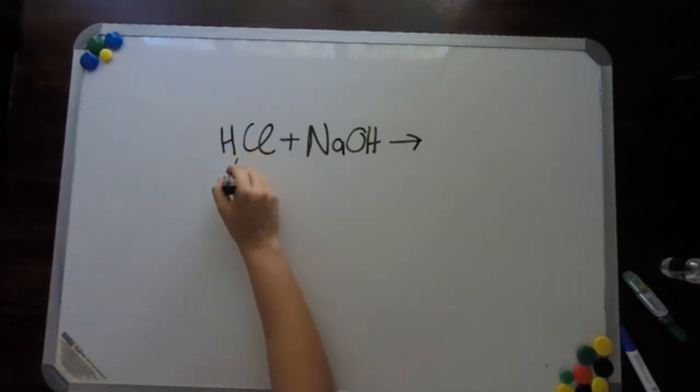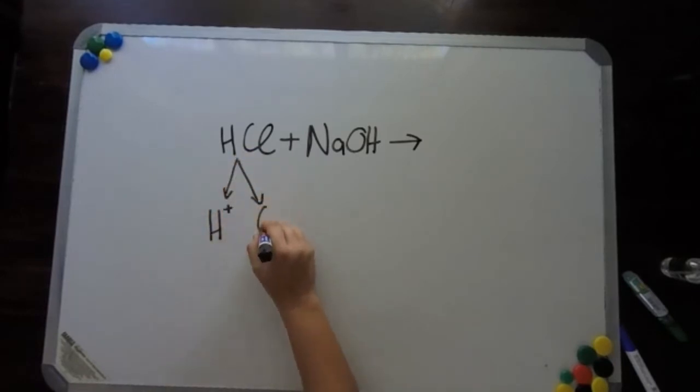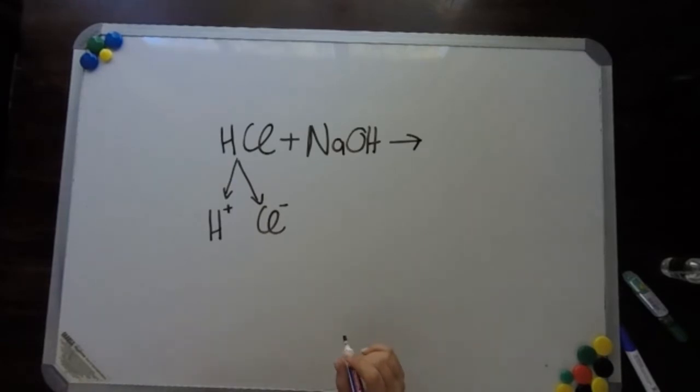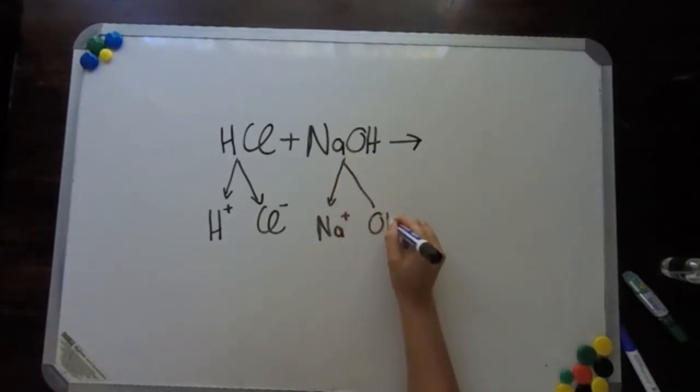Soutsuur ioniseer in waterstof-ione en chloor-ione, en natriumhidroksied dissosieer in natrium-ione en hidroksied-ione.